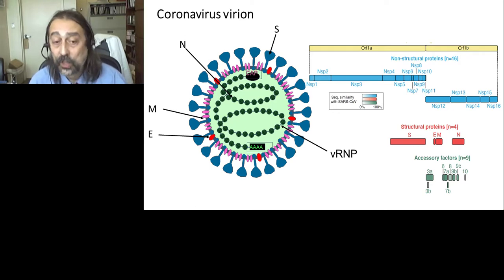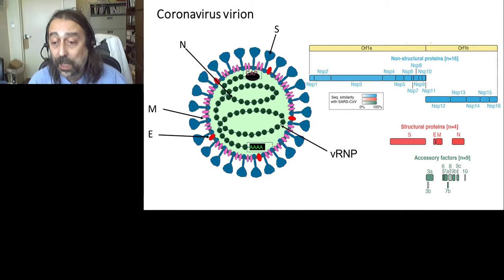In addition, from the genome, during replication, the virus generates subgenomic RNA that gives other messenger RNAs that now encode for the structural proteins S, E, M, and N, as well as for accessory factors like ORF3a, 3b, 6, 7a, 7b, 8, 9b, 9c, and 10. If you compare different coronaviruses, they have some conserved areas, but the ones that are less conserved are those for these accessory factors.